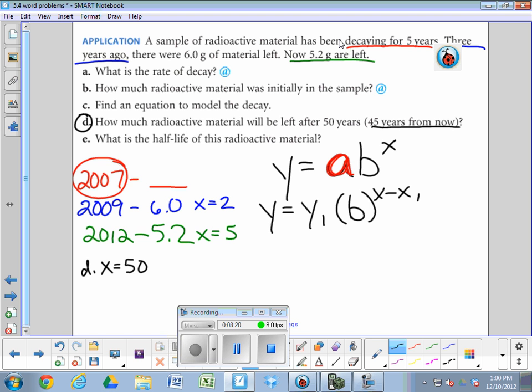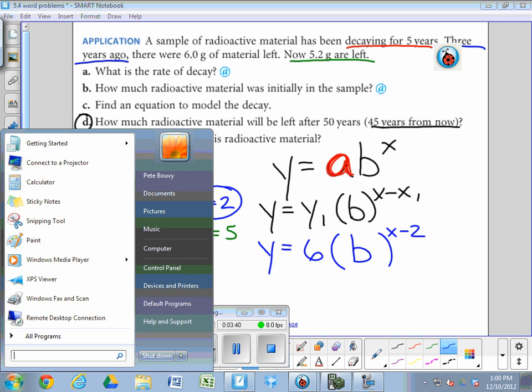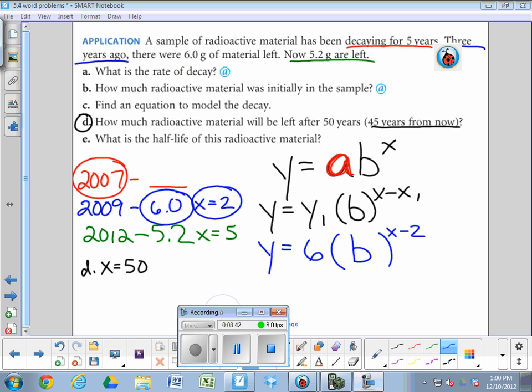So here's how point ratio works. I'm going to use the blue information to make a blue equation. The y that you get is based on the y value they gave you. There were 6 grams that year, times b to the x minus how many years? 2. And then the green equation.